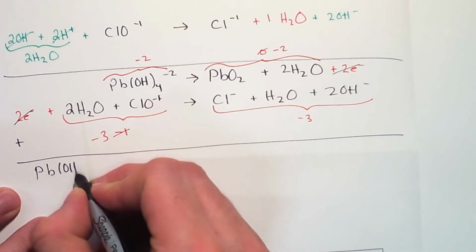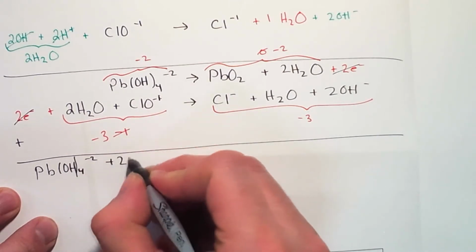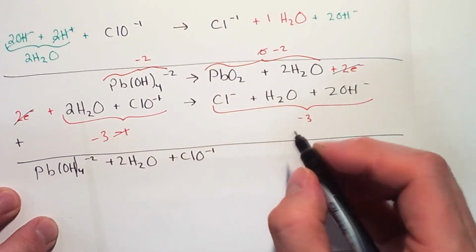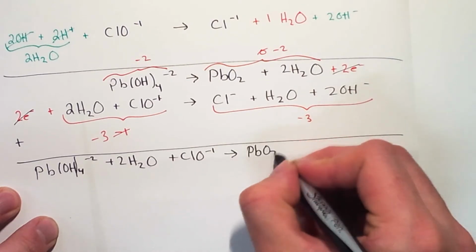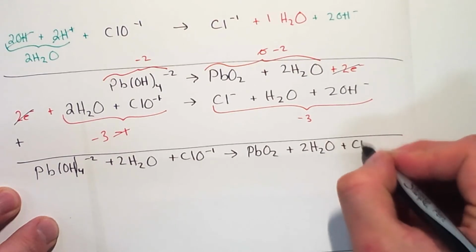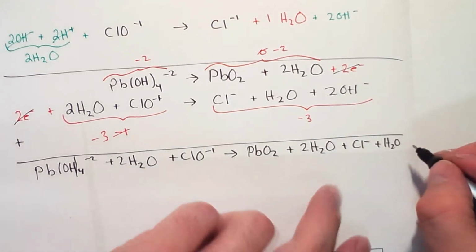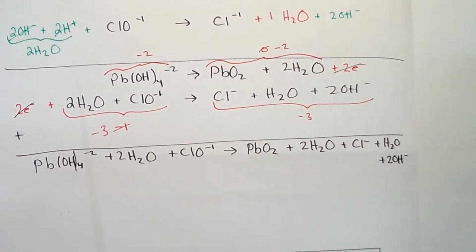So PbOH4 -2 plus 2H2O plus ClO -1 gives PbO2 plus 2H2O plus chloride plus H2O plus 2OH negative.